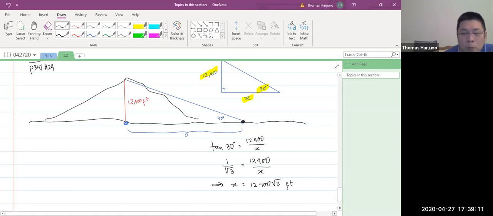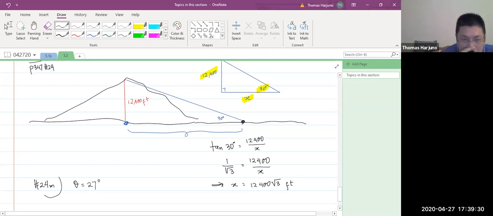Now, suppose I modified that question a little bit. Let me call that number 24 modified. Suppose I change the angle theta instead to be, let's say, 27 degrees.